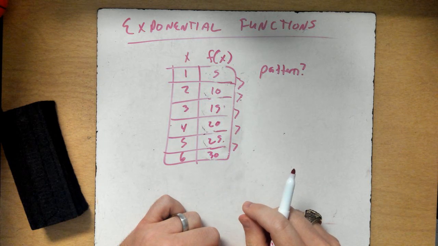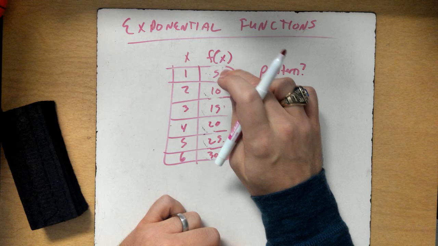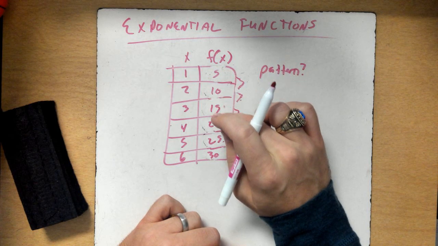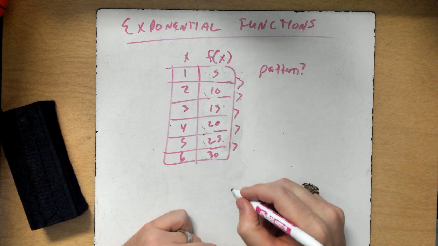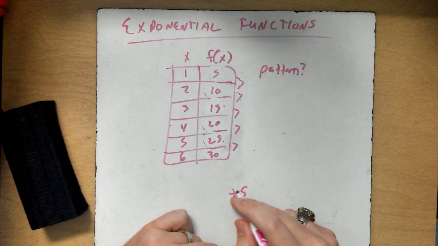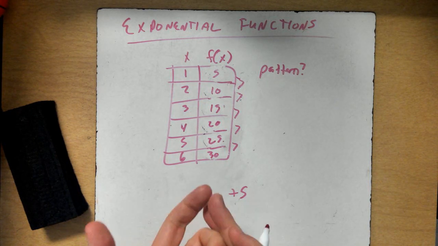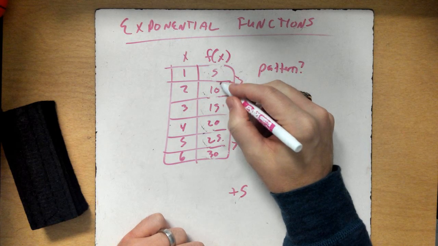Okay. So now if we look at this, we look at our f of x this time, 5, 10, 15, 20, 25, 30. So we know right away that this goes up by 5. It gets added by 5 each time. But we don't want it to be added by 5. It needs to be a constant rate. So it needs to be like times by something to get this.